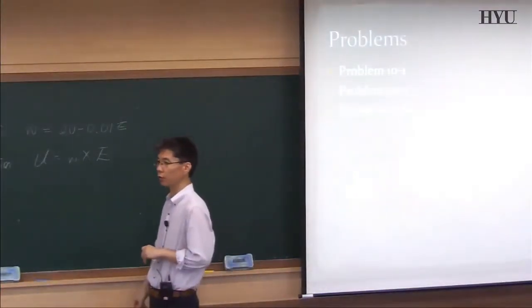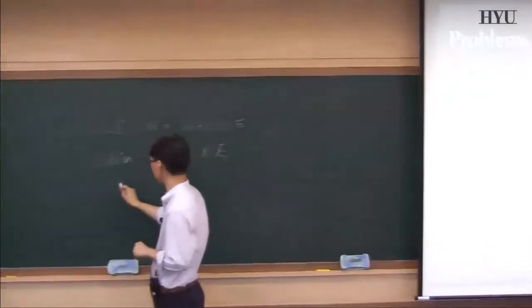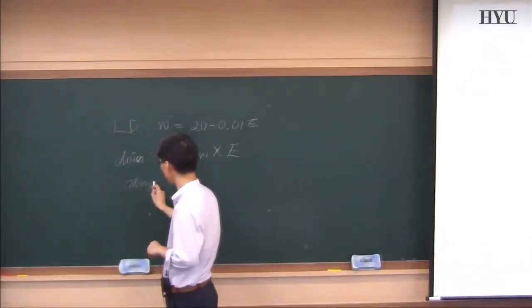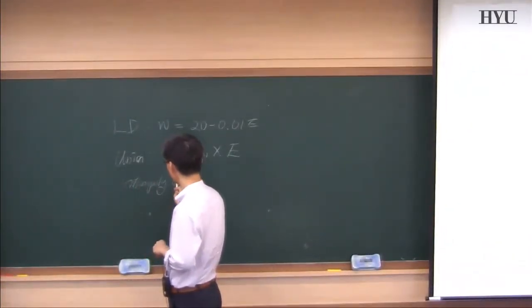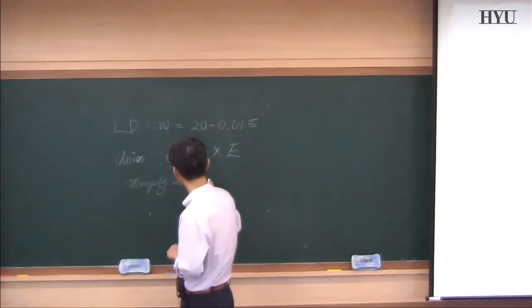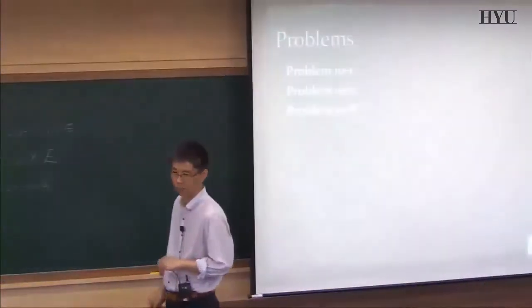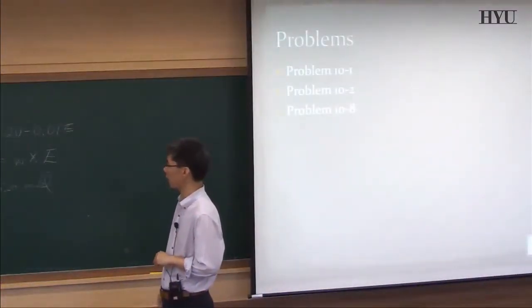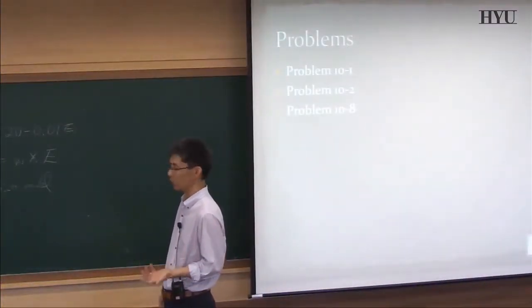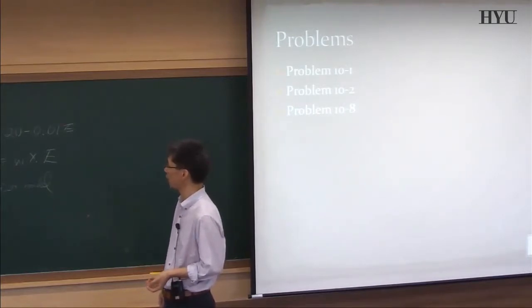If we assume the monopoly union model, let's say the bargaining is done as the monopoly union model assumes, then what would be the outcome of this bargaining? What would be the employment? What would be the wage?